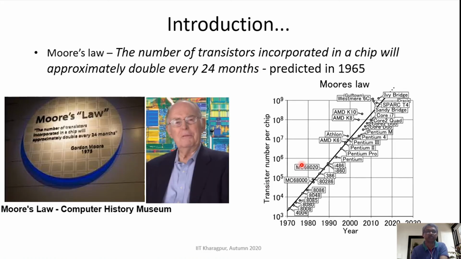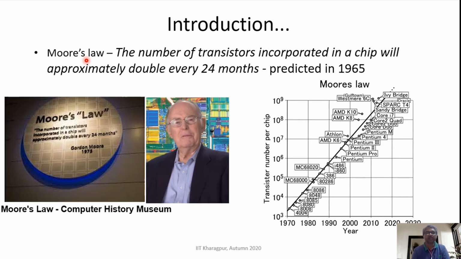Another important aspect I would like to mention, this is Gordon Moore of Intel, co-founder of Intel. There is a famous law known as Moore's law. It's basically a visionary statement.